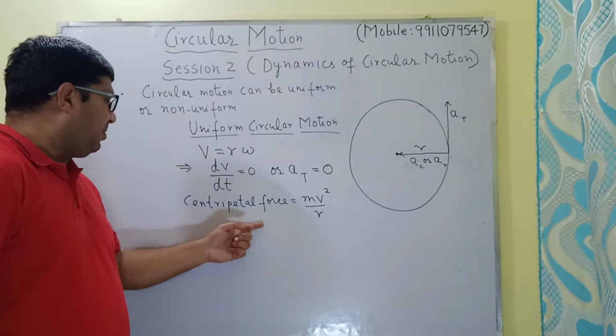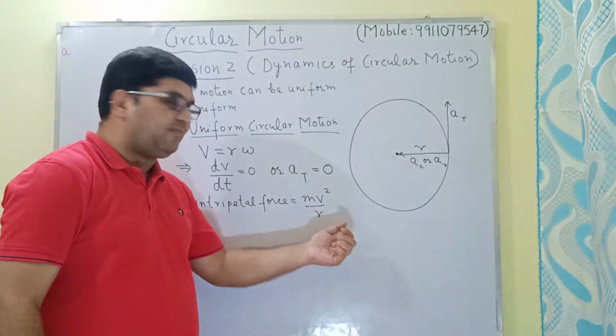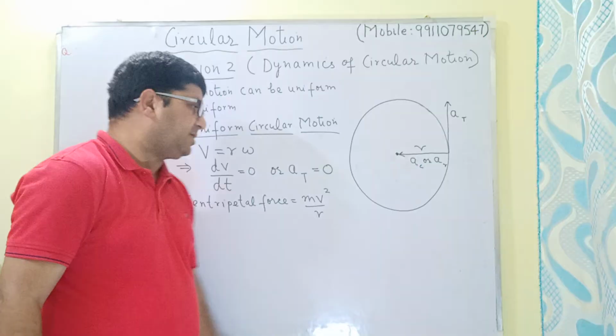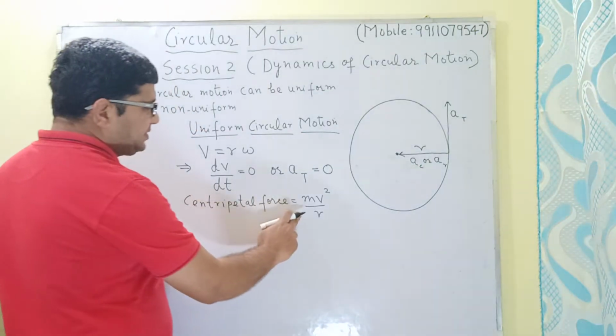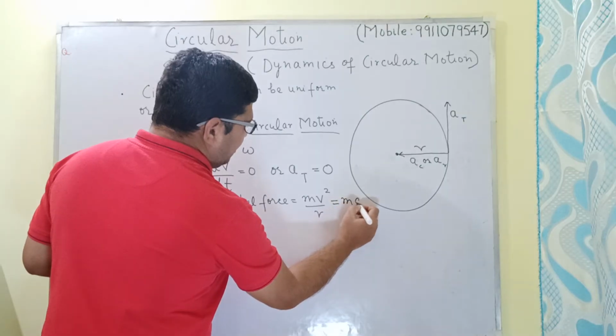We will be discussing this centripetal force and the centrifugal force in detail in the subsequent sessions also. So the centripetal force is given by mv square by r, and force is equal to mass into acceleration.